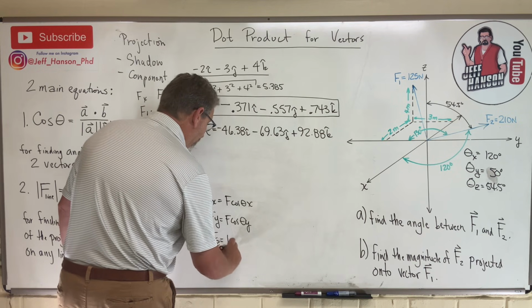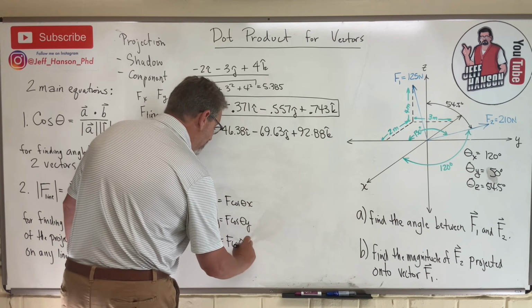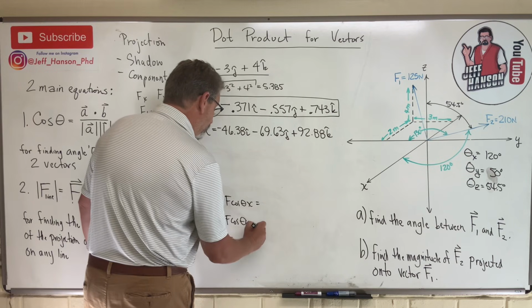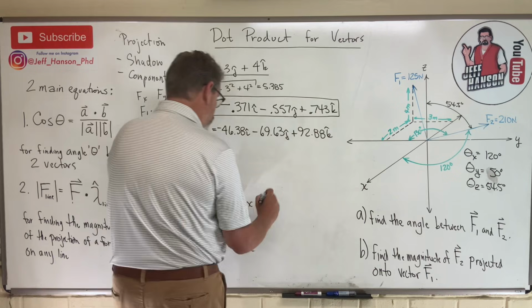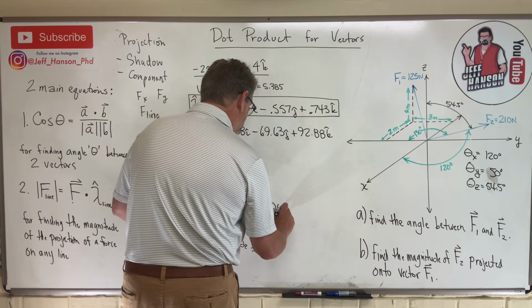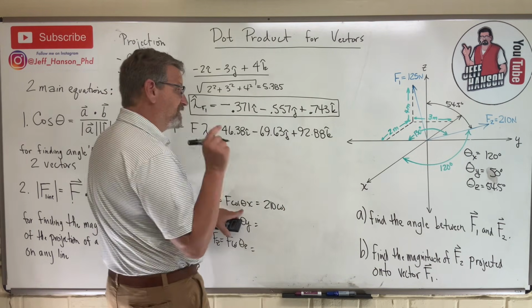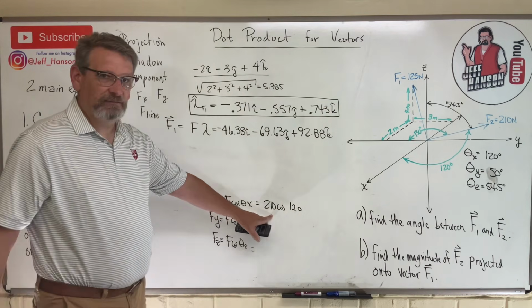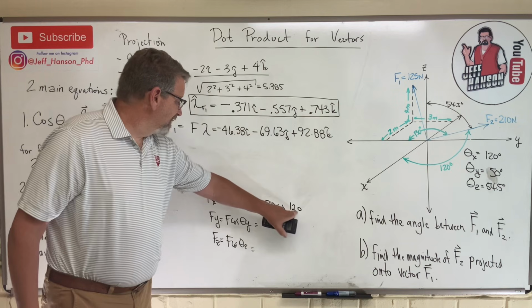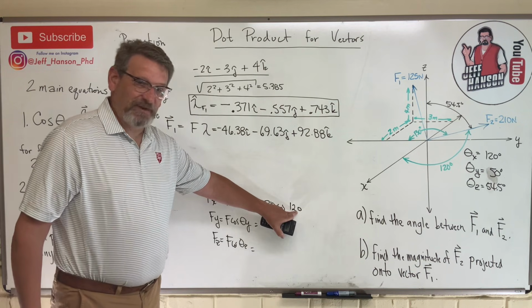Fz is equal to F cosine theta z. Okay? So, what is Fx? F is 210, 210 cos theta x, which is 120. What are you expecting for that? A negative, right? The cosine of an angle bigger than 90 degrees is going to give me a negative number, right?